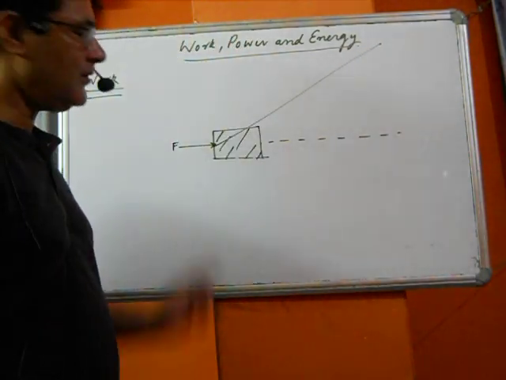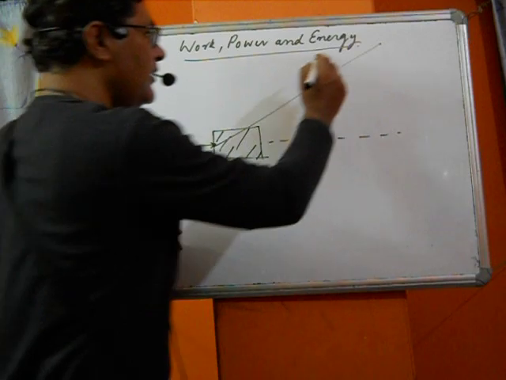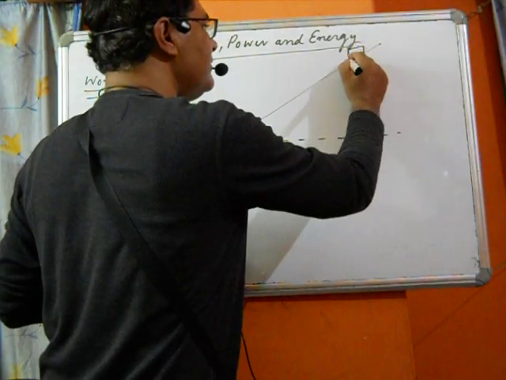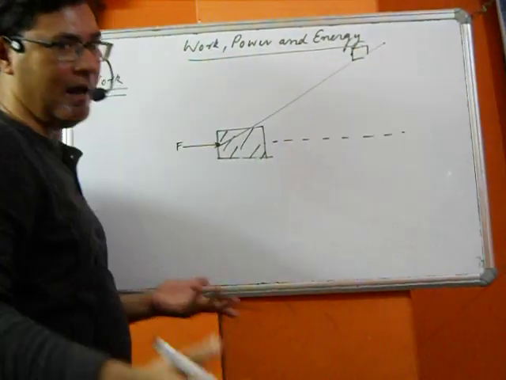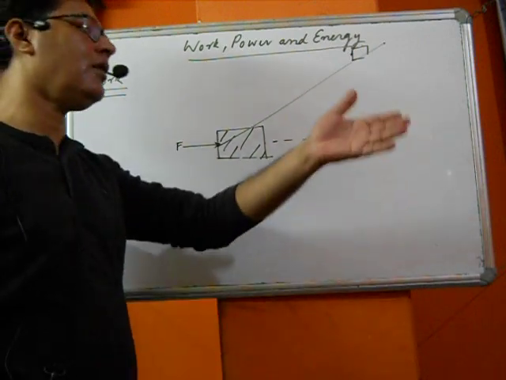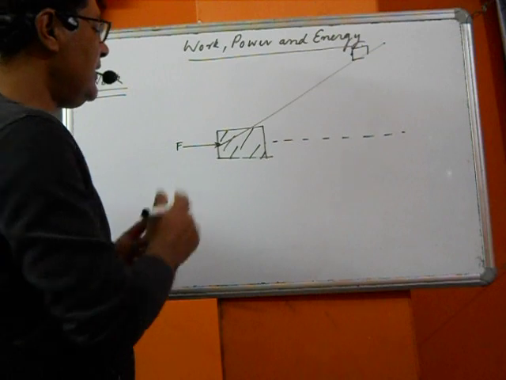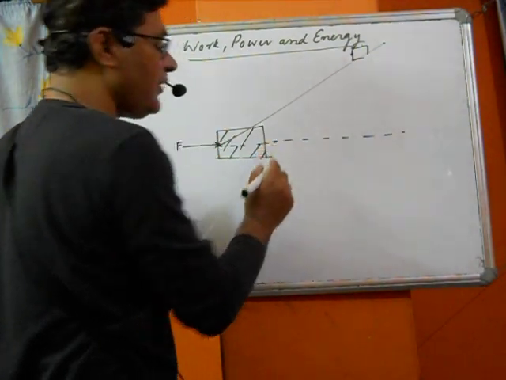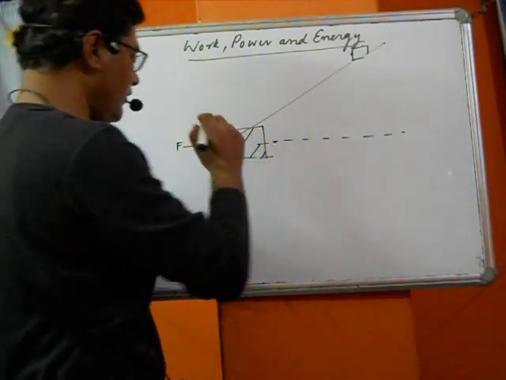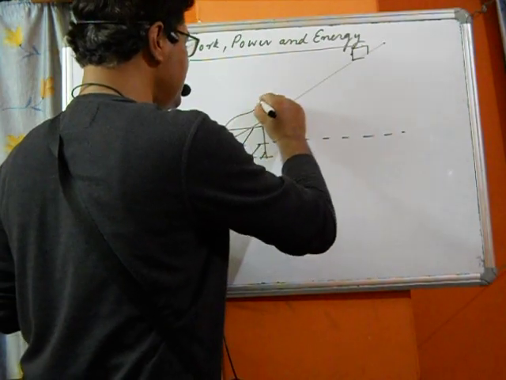Now how do I find out the work done? So the object came here. It happens. Suppose we kick an object, it went the other way. So how do I find out? In these cases, you need to find a component of force. Don't get worried about components. So here, this is the displacement.